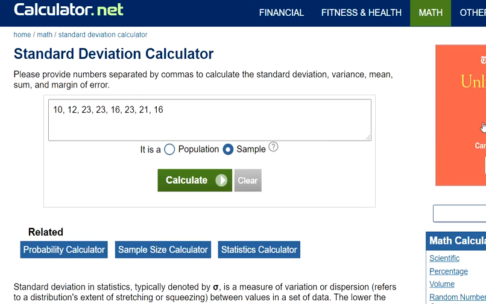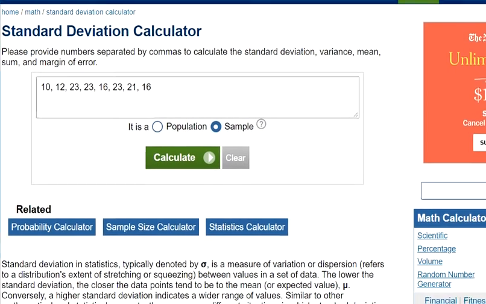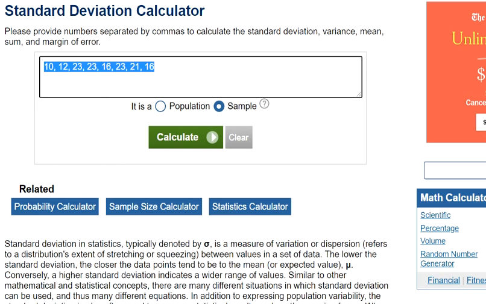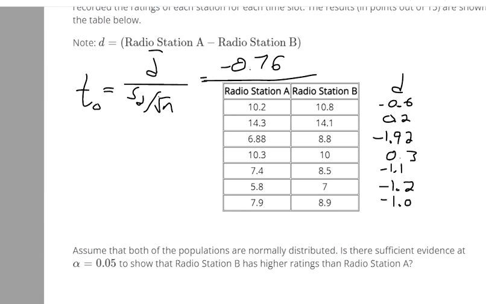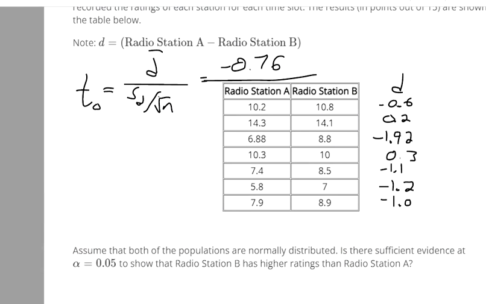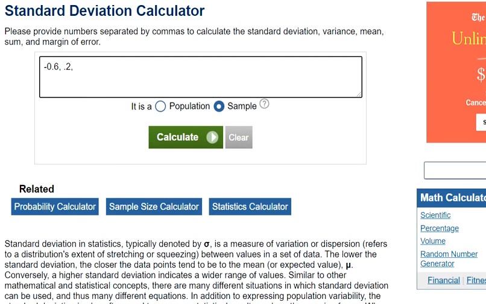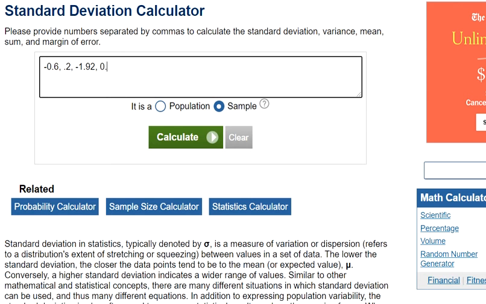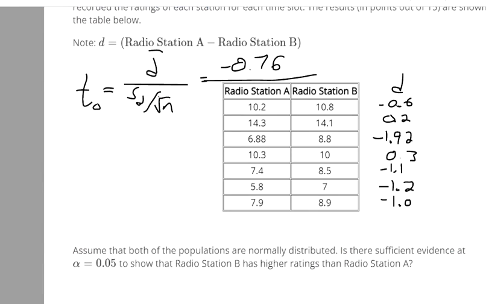Then we just want to click the option for a sample, because it's not every single possible radio station, or whatever population they're trying to talk about. So negative 0.6, comma, 0.2, comma, negative 1.92, 0.3, negative 1.1, negative 1.2, negative 1.0.